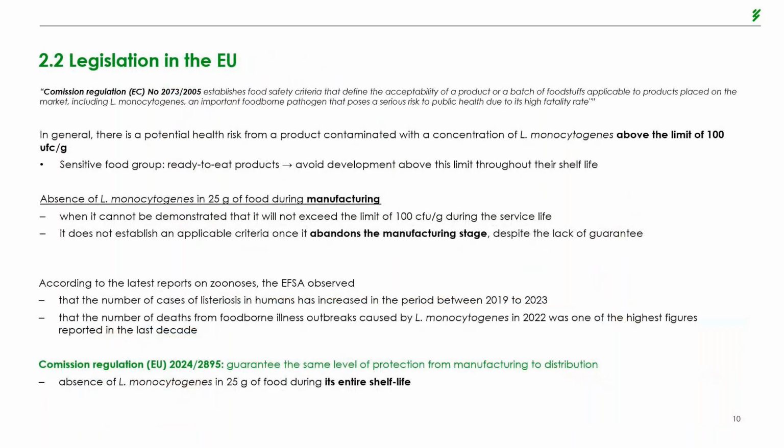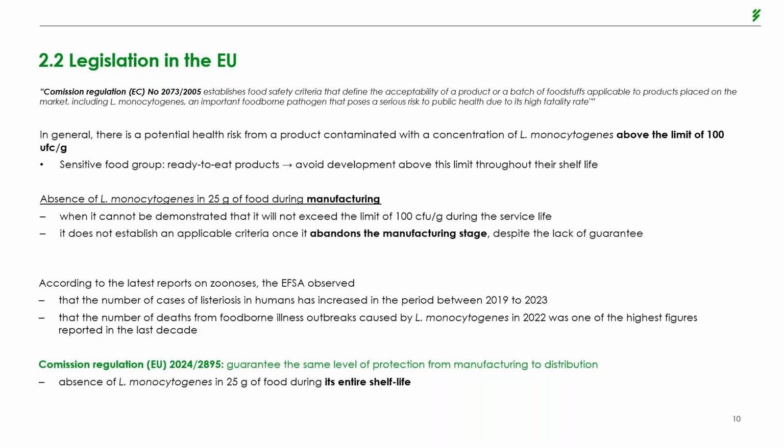This is the picture of how it is regulated in the European Union. Of course, we have Regulation 2073 from 2005 that establishes the microbiological criteria for certain microorganisms, including, of course, Listeria monocytogenes, due to its high fatality rate, as Pilar mentioned, and the application rules that food business operators must comply with.